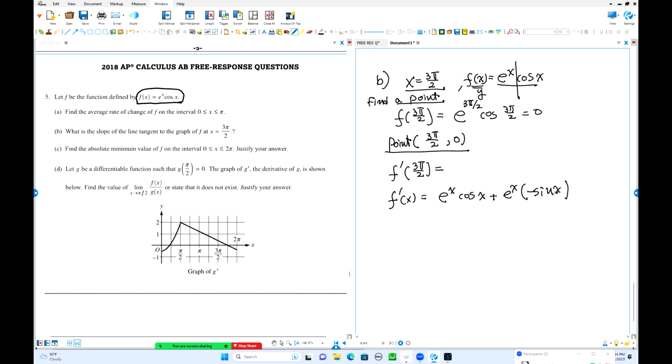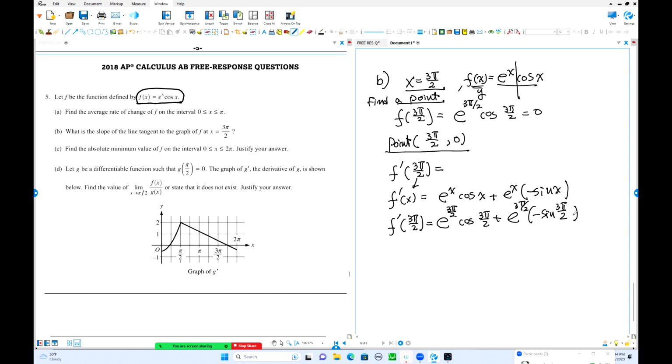But we need the slope at x equals 3 pi over 2, so put this number in for x. f prime of 3 pi over 2 is e to the 3 pi over 2 cosine 3 pi over 2 minus e to the 3 pi over 2 sine 3 pi over 2.